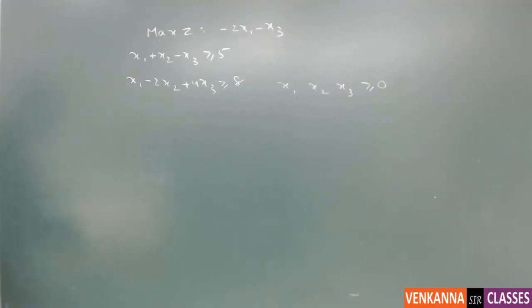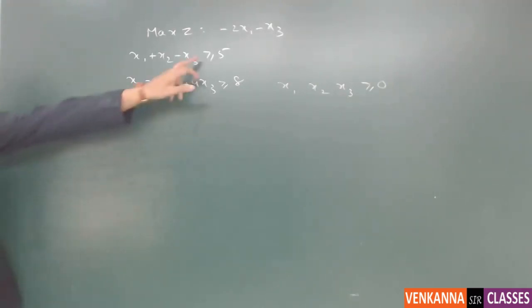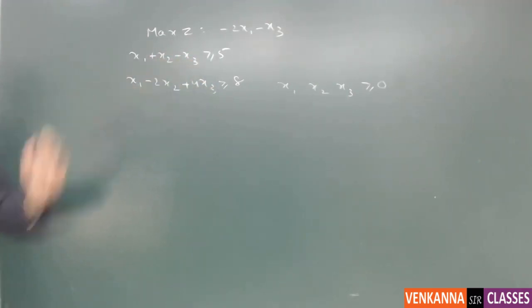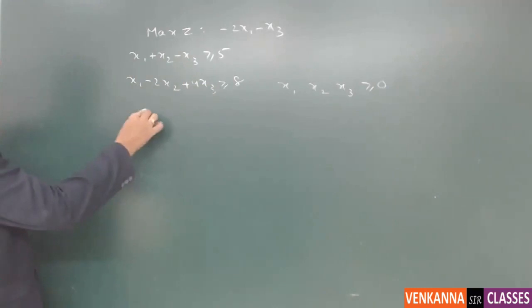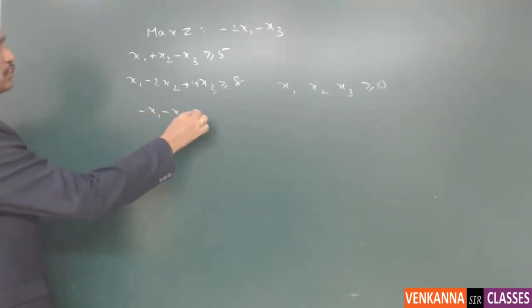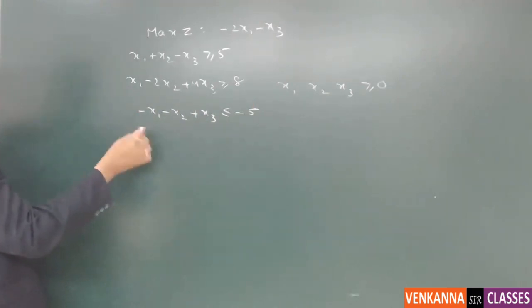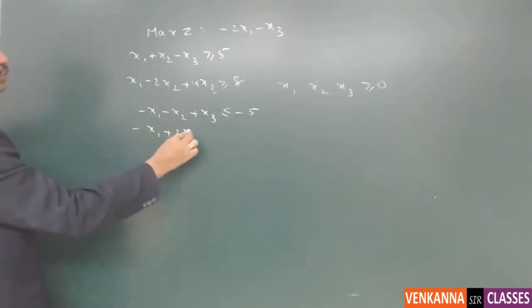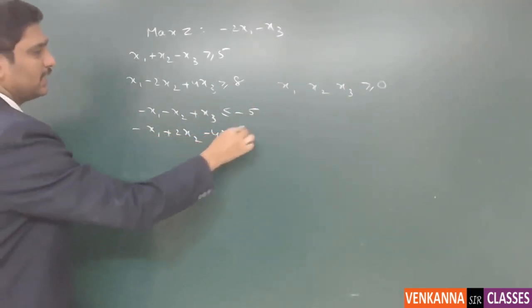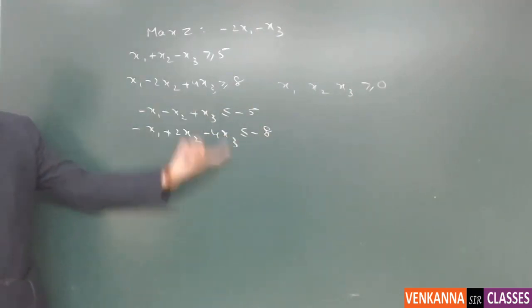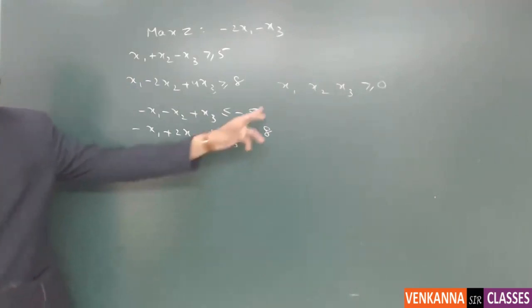Now, since the inequalities are of the type greater than or equal to, we have to convert them into less than or equal to by multiplying with minus. So we get minus x1 minus x2 plus x3 is less than or equal to minus 5, and minus x1 plus 2x2 minus 4x3 is less than or equal to minus 8. To write the canonical form, we introduce slack variables.